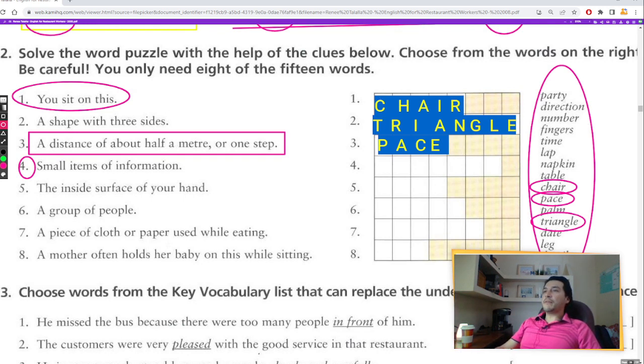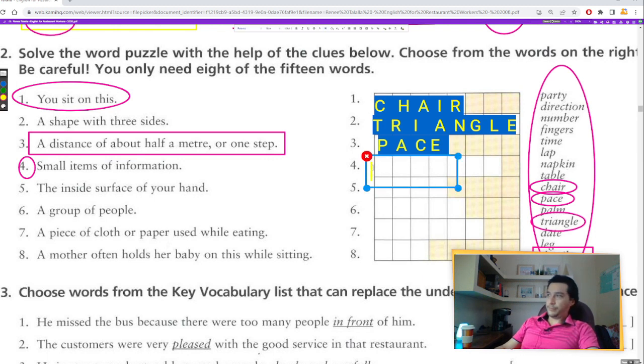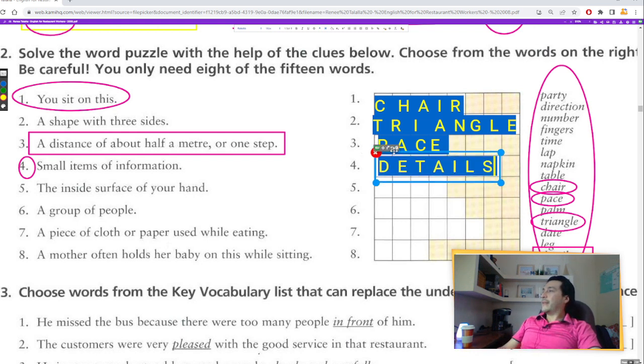Small items of information. Details. The details is the information. D-E-T-A-I-L-S. Details. We got the correct number of letters? Yes, we got it.